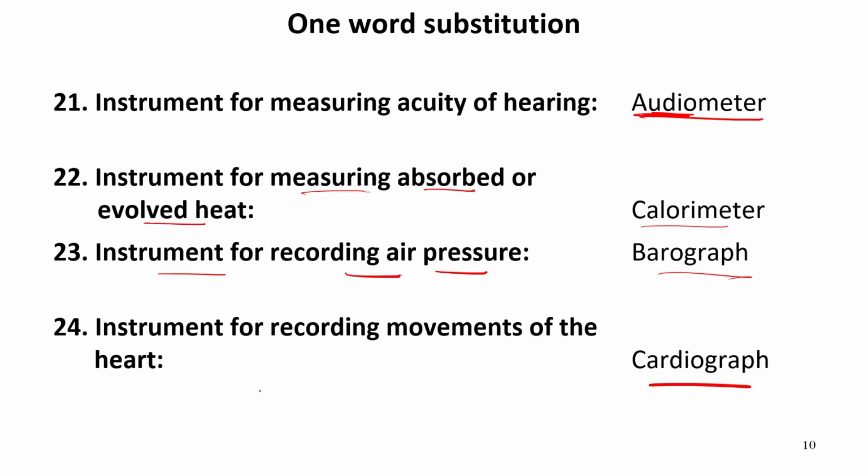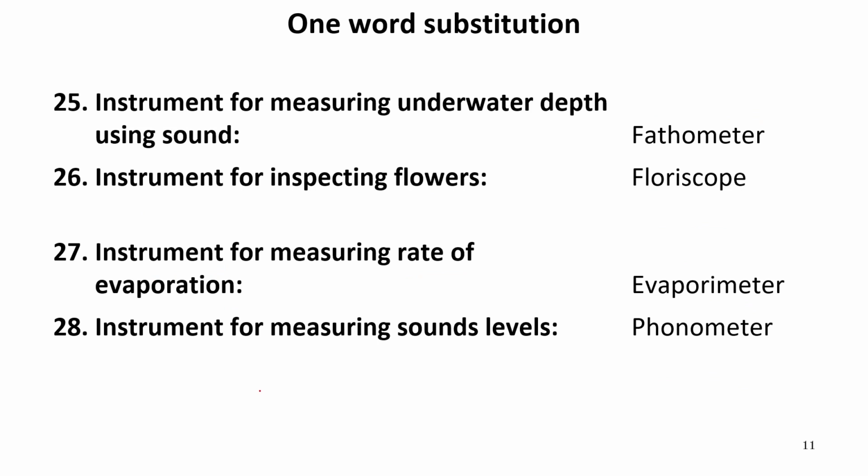Now let us move to the next one. Instrument for measuring underwater depth using sounds. It means there is an instrument which is used to calculate the depth of a sea using the sound system, on the basis of sound.